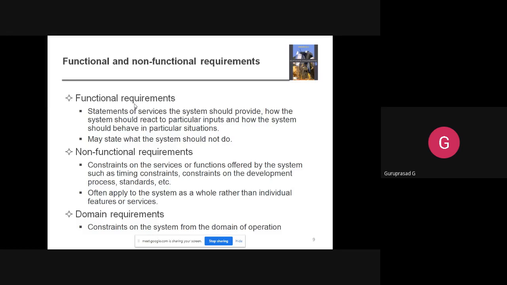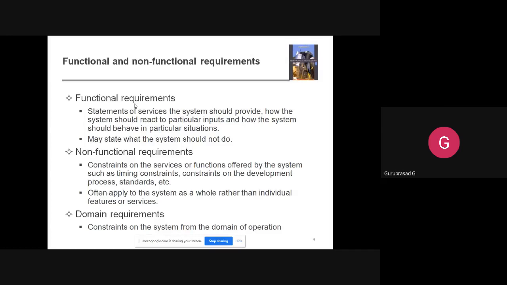One more classification is domain requirements, which are directly related to the constraints on the system from the domain of operation, whichever domain you are dealing with. From that also you get some requirements, correct? Ultimately what we are doing here is analyzing the requirements.